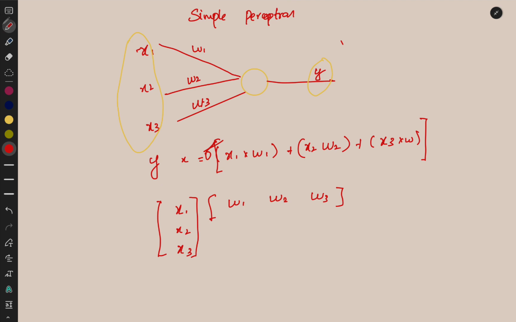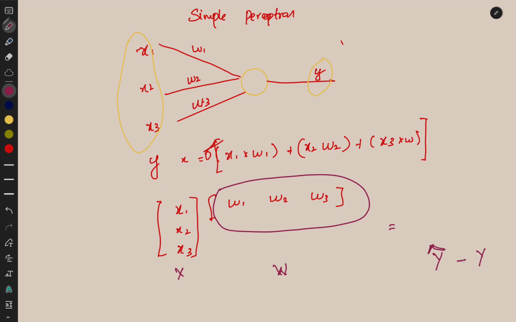But here, what we are actually trying to find is the weights, in such a way that when matrix X is multiplied with the weight matrix, we get y hat, which is what we predicted, and y is the original ground truth.